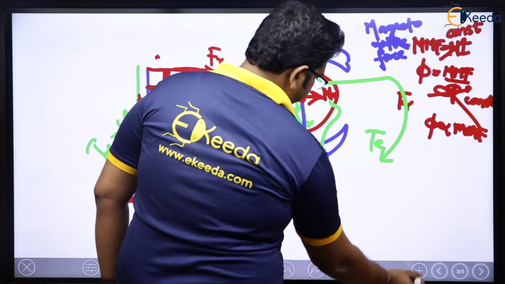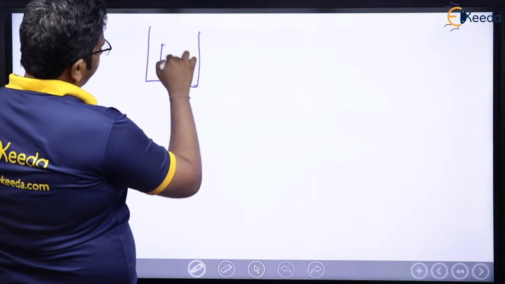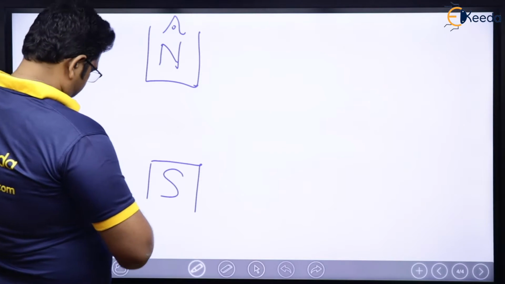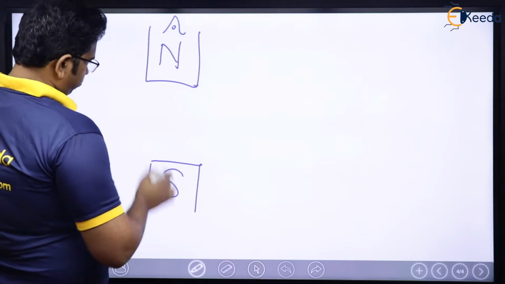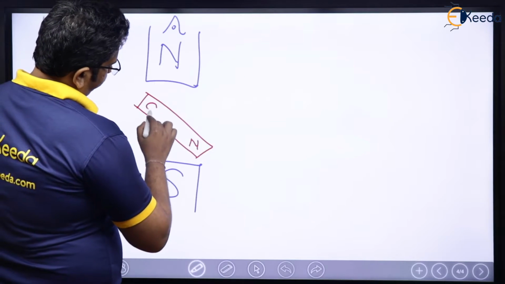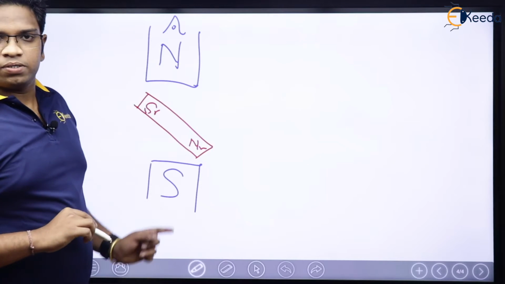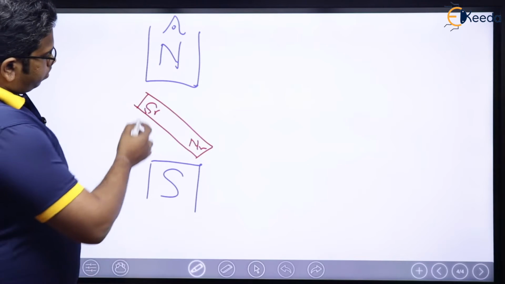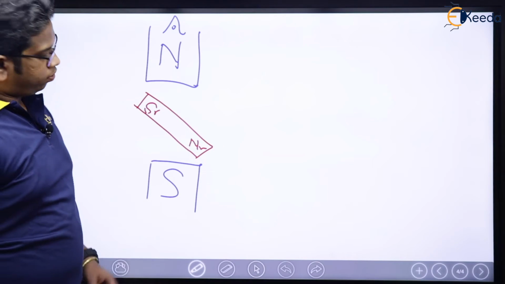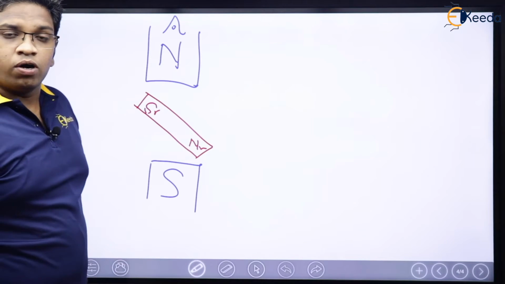See, let me have a stator like this, N S, and at the same time let me have a rotor like this, which has a north pole here, south pole here. Now, what about stator MMF?